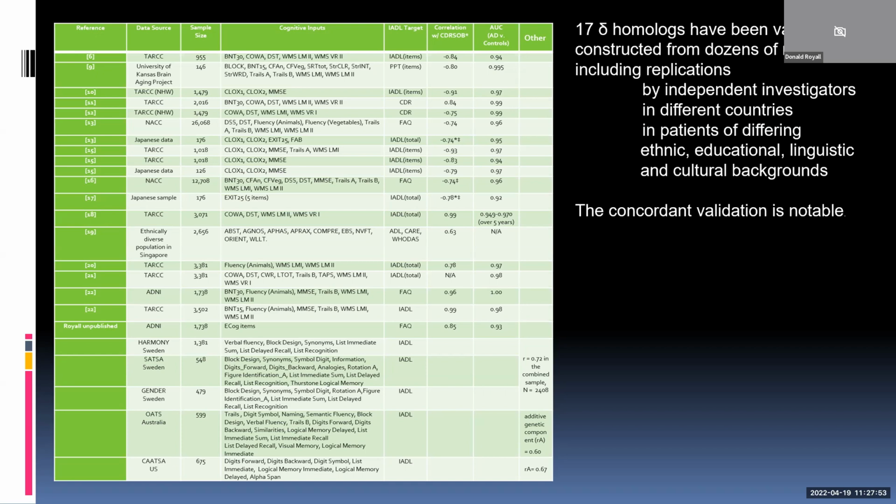In every case so far, you achieve a statistically strong correlation with clinician ratings of dementia severity, operationalized, say, by the CDR sum of boxes, and very high AUCs to distinguish Alzheimer's from controls. And this is across cultures, across languages, across cohorts, across countries, across investigators.